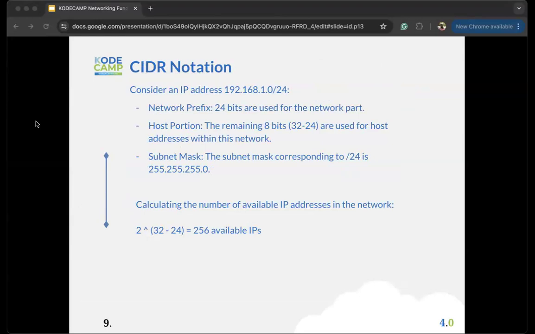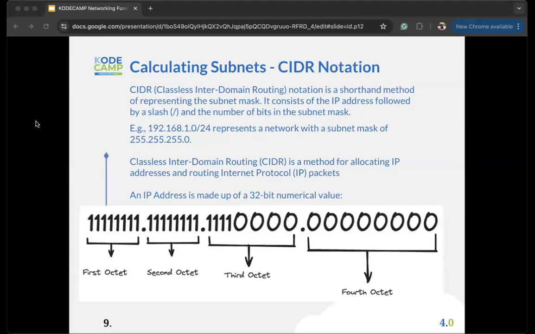Considering the IP that we just looked at, you have a network prefix of /24, with 24 bits used to depict the network part of that IP address. And the host portion will be the 32, which is the value of an IP address in IP version 4 notation.